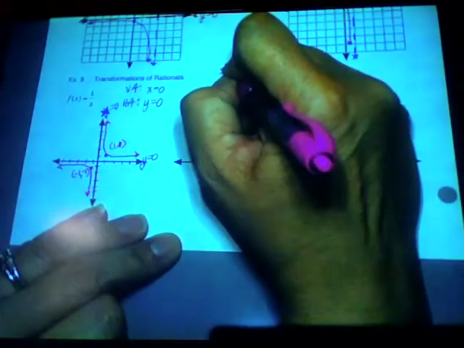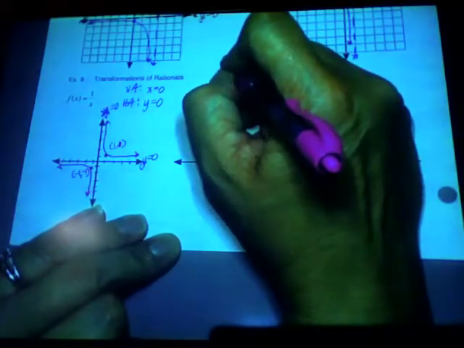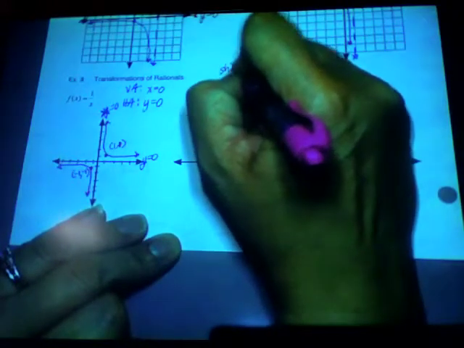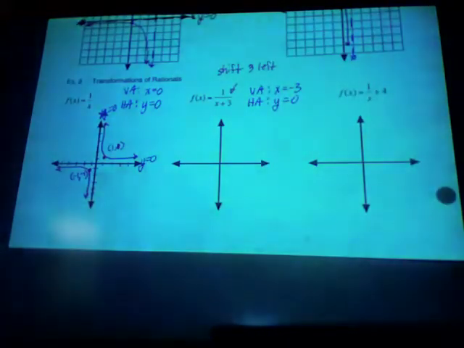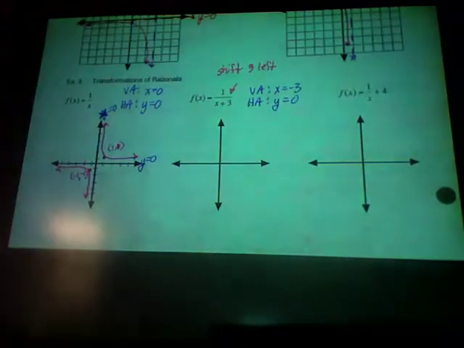So you might want to put here, we're going to say shift 3 to the left. Because it's happening to x, isn't it? So it's shifting our x 3 to the left.